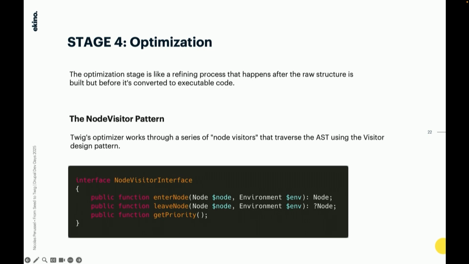It uses a node visitor, through the visitor pattern, to enter into each node of the AST and clean some code that can be cleaned. Okay? So the node visitor interface provided by Twig gives the capability to create dedicated visitors to handle this type of task.